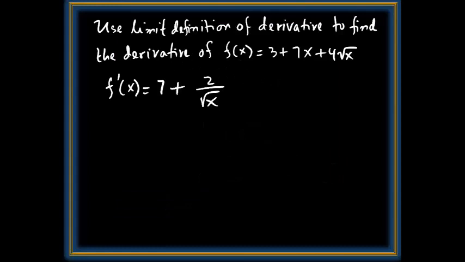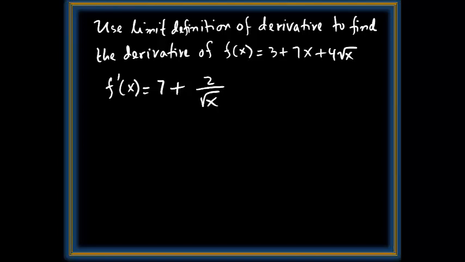So then look at the given function. f of x is 3 plus 7x plus 4 square root of x, and its derivative is 7 plus 2 over square root of x. Let us talk about the domain of the main function and its derivative. When you look at the function, what is the restriction on this? First term, second term, nothing wrong.